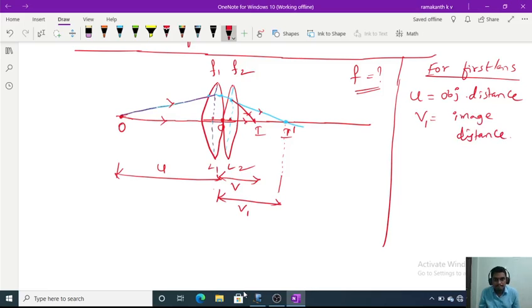Why? Because if there is no second lens, the light will reach the point I dash, not I. So that distance will be V1 from the optic center. Now by using the lens formula, 1 by f1, the focal length of the first lens, is equal to 1 by v1 minus 1 by u. This is for the first lens.